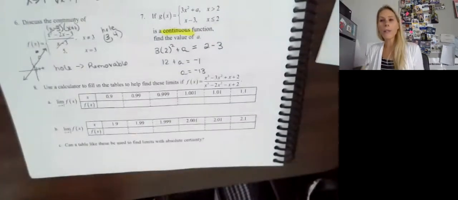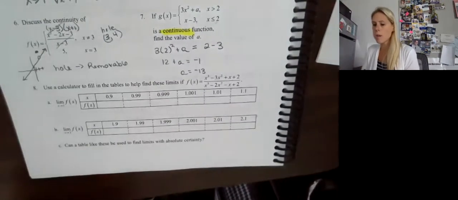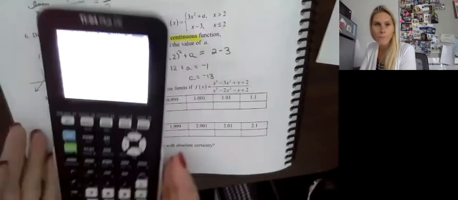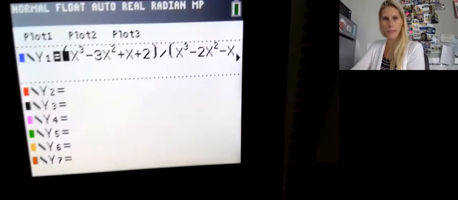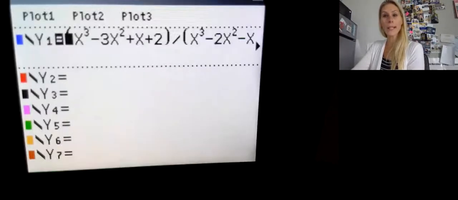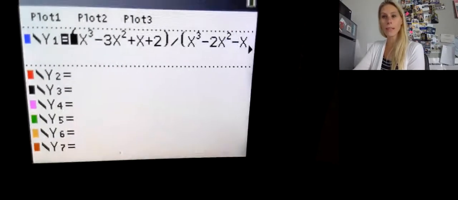All right, let's see if we can use tables to find limits, okay? So I already have this in my calculator, so that way you guys don't have to wait for me to type it in. One of the things I do want to point out, but because my light is off, you can't see it. Yeah. My numerator is in parentheses, and so is my denominator.